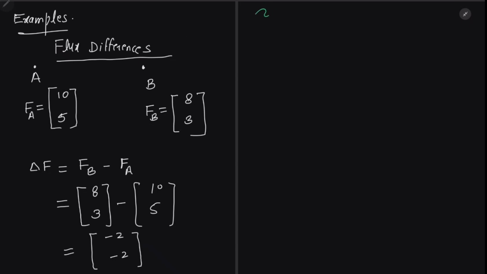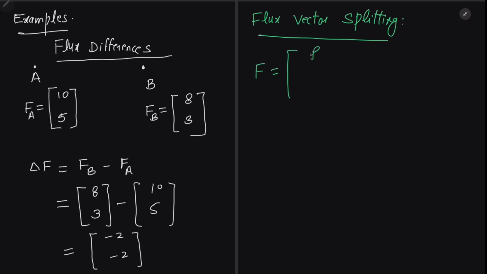In the second case, suppose we have flux vector splitting. What does this mean, flux vector splitting? In flux vector splitting, we have some flux. For example, we have F: rho u, rho u square plus P, and rho E. This is just some random flux.